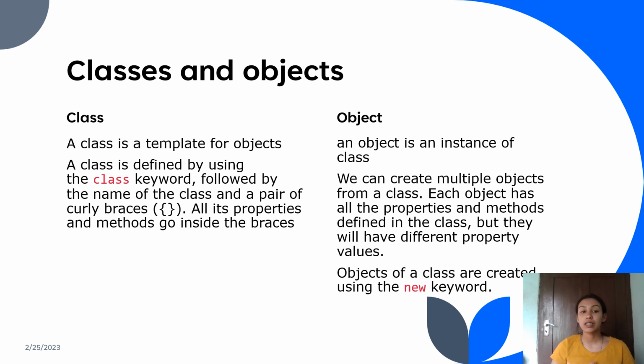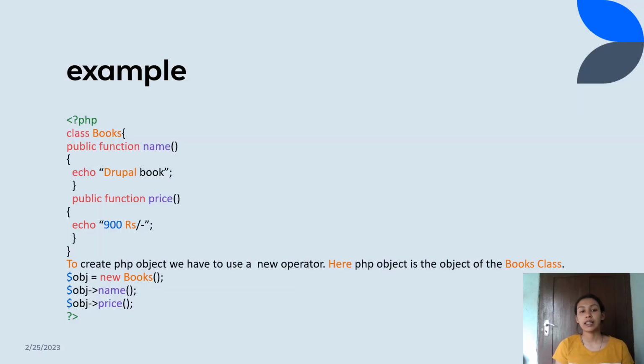We can create a class using the class keyword, and we can create an object for each class, or we can create as many objects as we want using the new keyword. Here is an example. We have defined a class named book, and that book contains two functions, namely name and price.